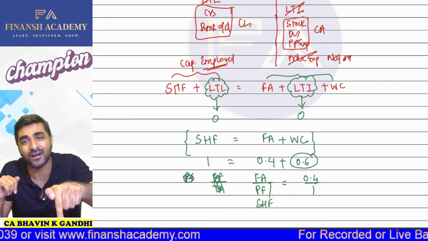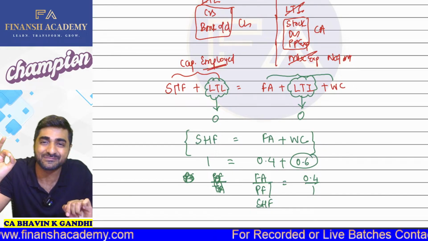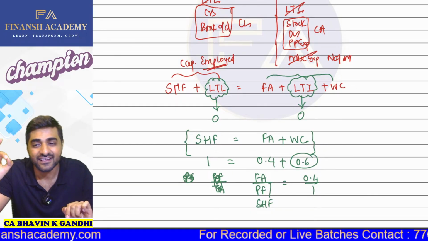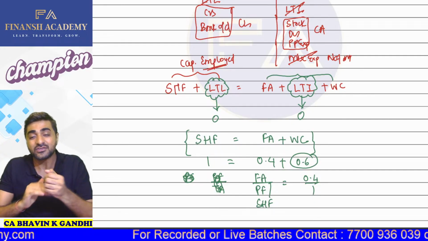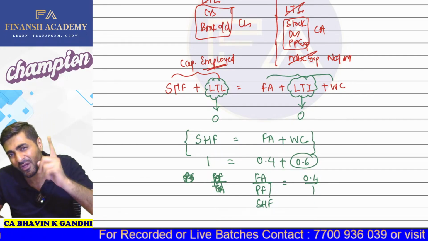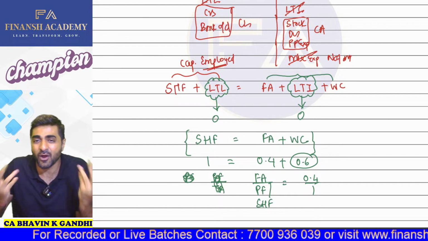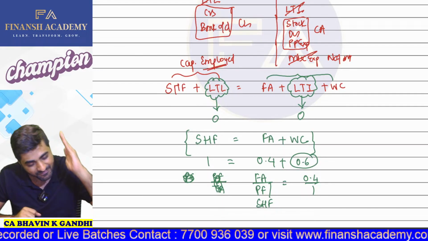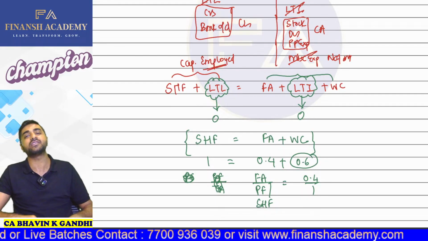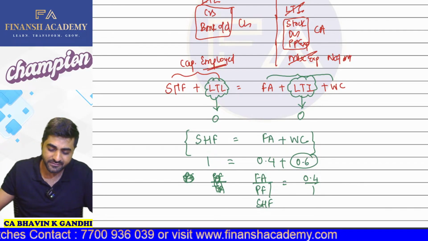But if no data is available, we assume there are no borrowed funds and no long-term investments. So of that 1 rupee of shareholder fund, if 40% goes to fixed assets, the balance 60% goes to working capital. Absolutely yes.